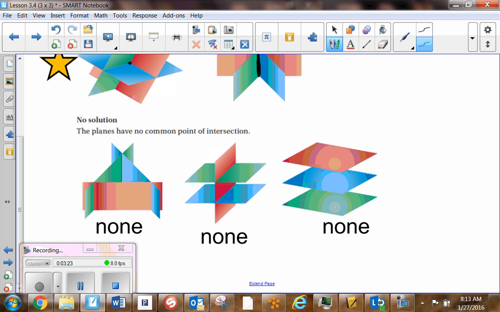Right? And obviously it's very hard to draw those. Usually what books do, we're not going to do a lot of this because it is so hard to do. Most books will do this.